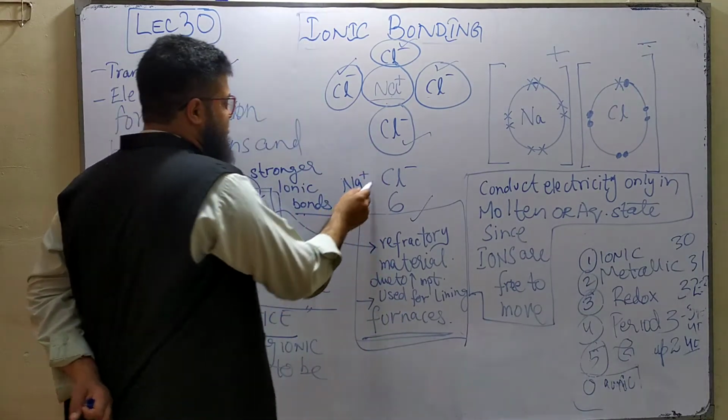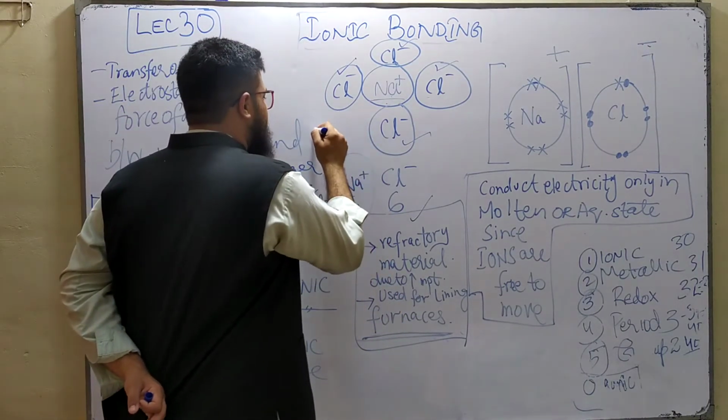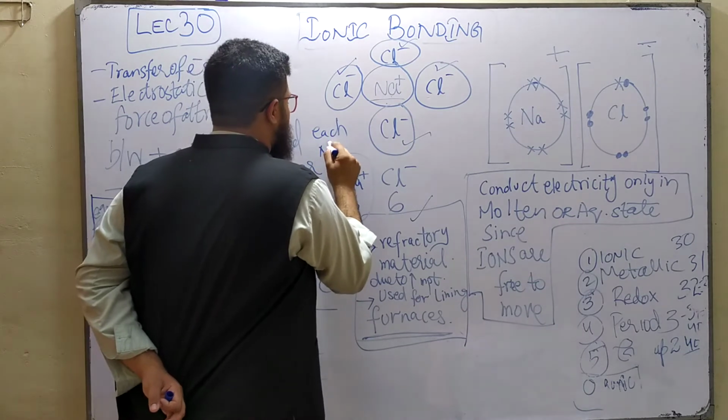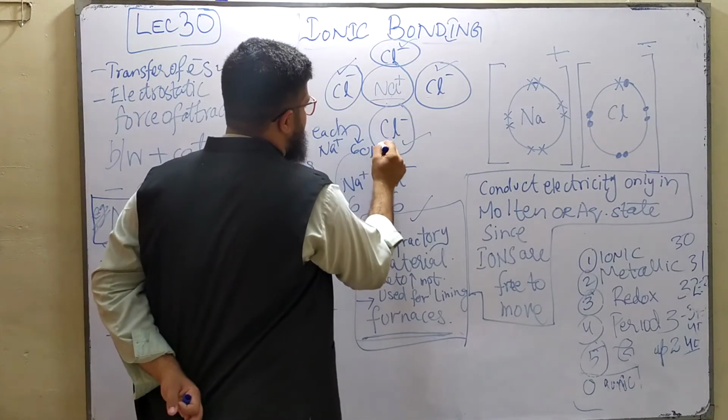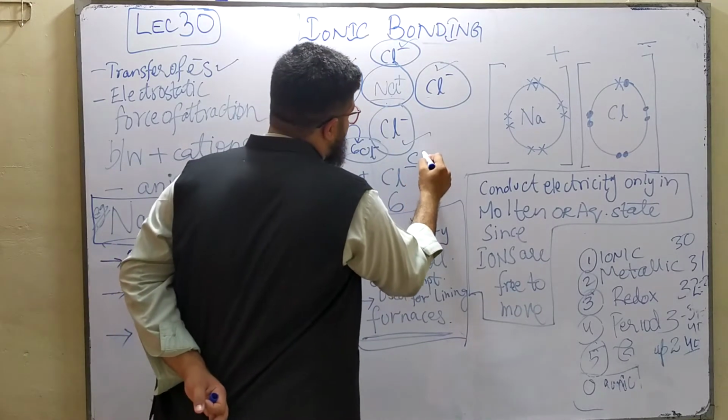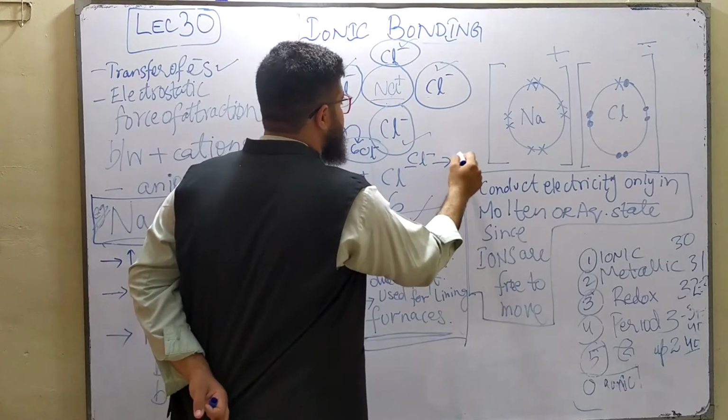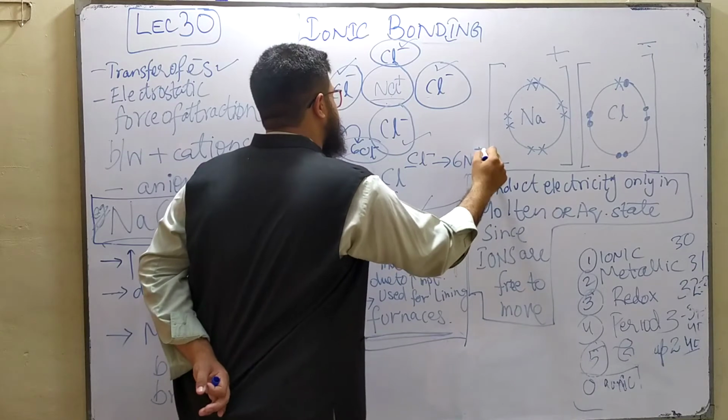Okay, so 6, meaning each sodium is bonded to 6 chloride ions. Remember that. And each chloride on the other hand is also bonded to 6 sodium ions.